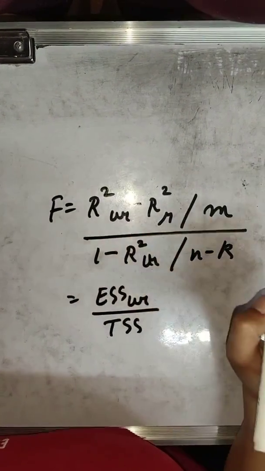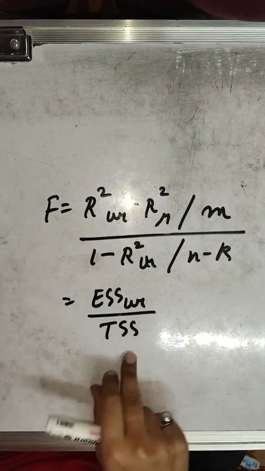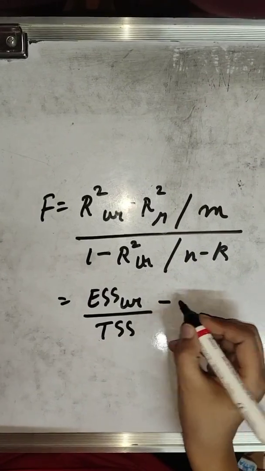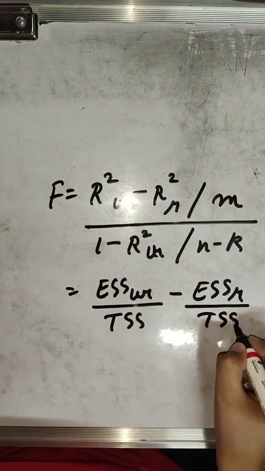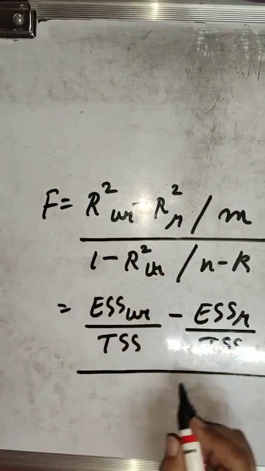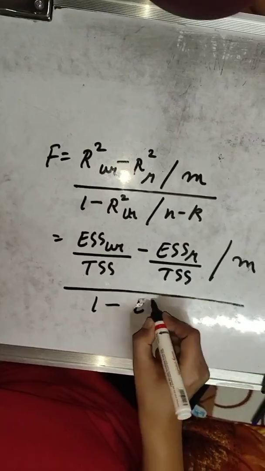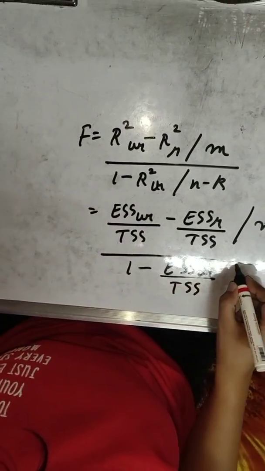TSS is always the same, whether it is unrestricted or restricted. We are splitting total variation into both of these models. So ESS unrestricted upon TSS minus ESS restricted upon TSS, divided by M, upon 1 minus R square unrestricted, which can also be written as 1 minus ESS unrestricted upon TSS.